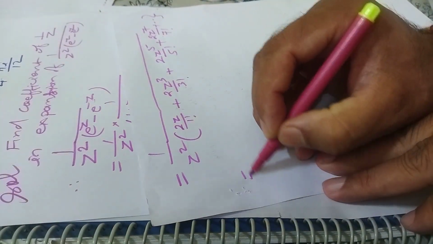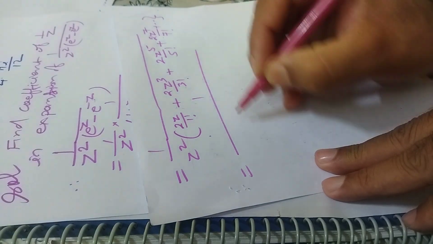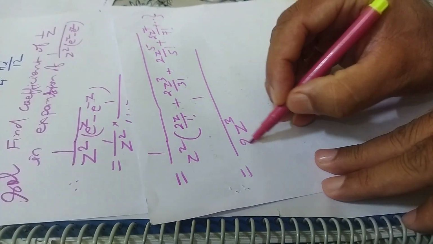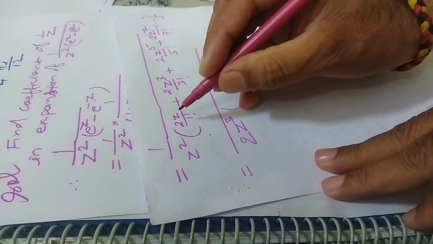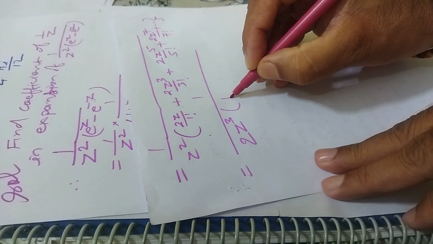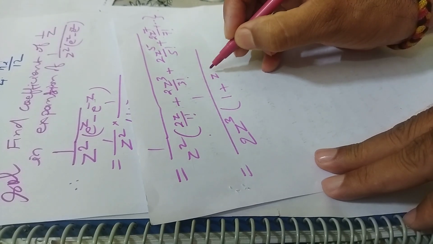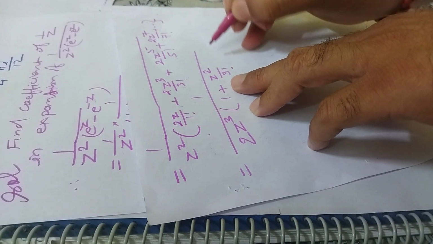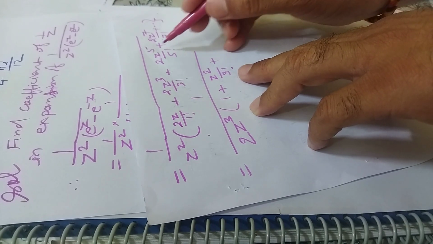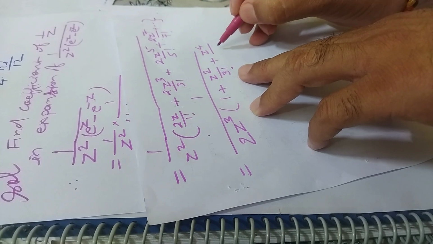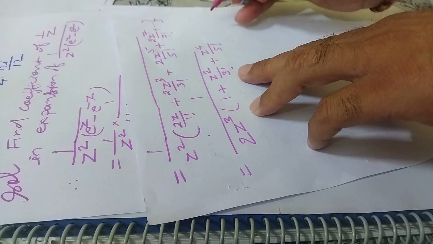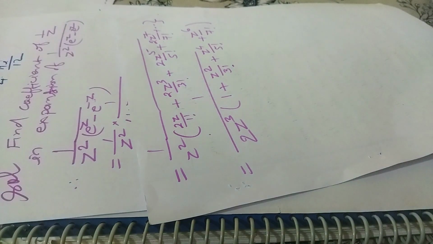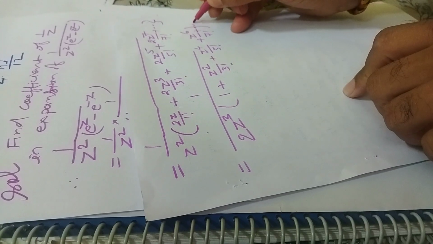Again we take common overall. z should be common, so this will be z cube, and 2 should be common, therefore 2, and the rest is 1 plus z square upon 3 factorial plus z to the power 4 upon 5 factorial plus z to the power 6 upon 7 factorial and so on.